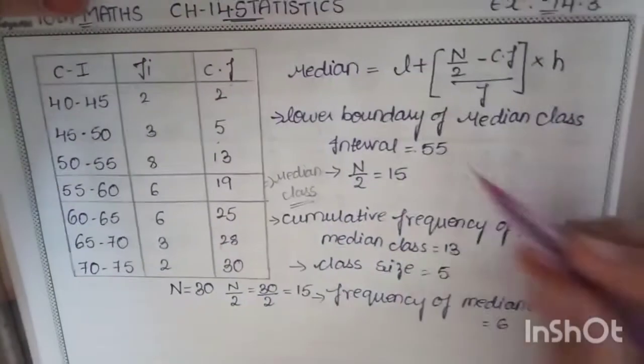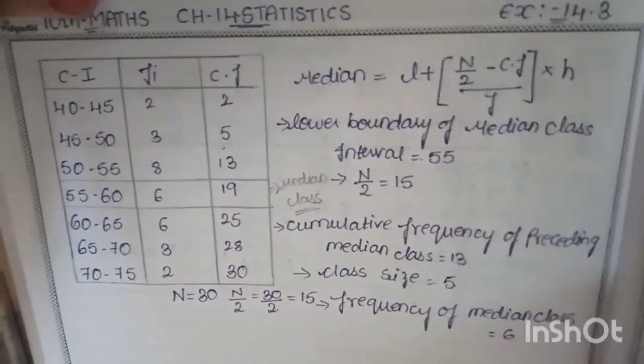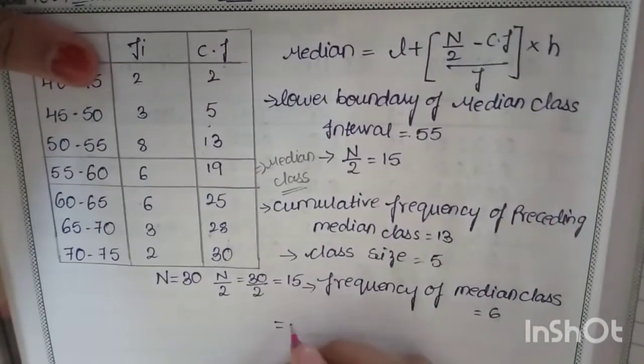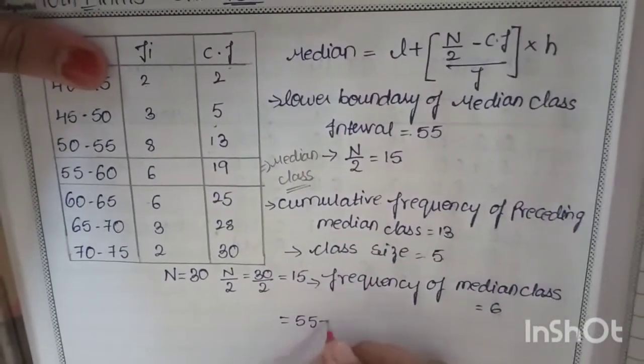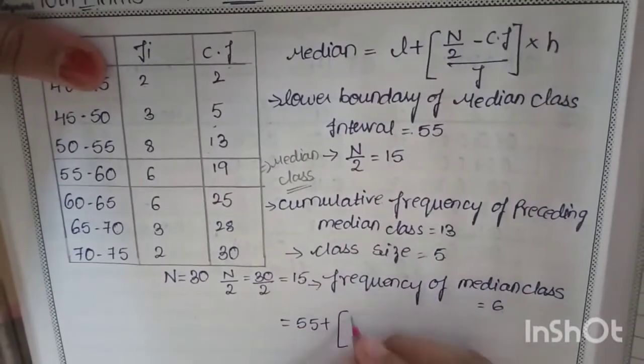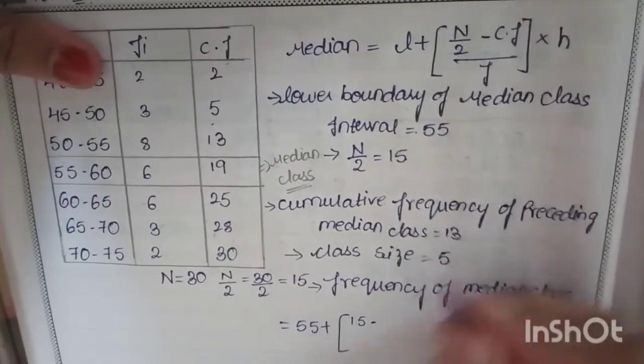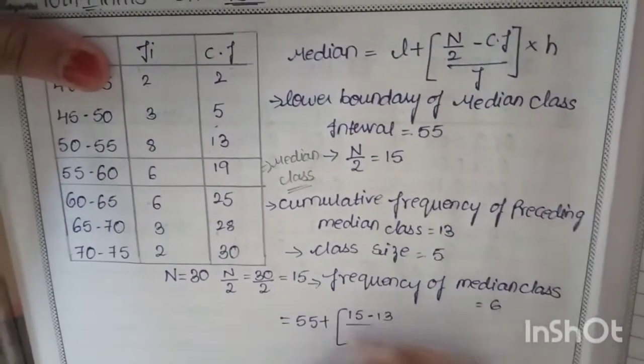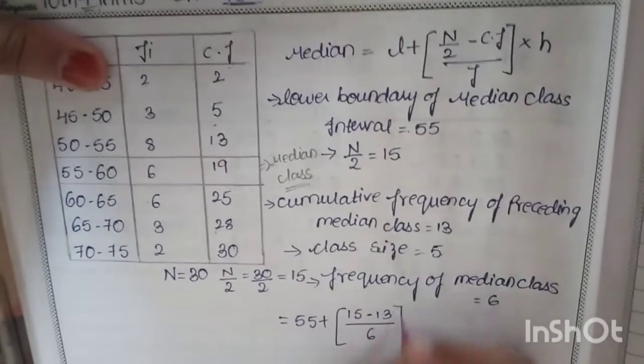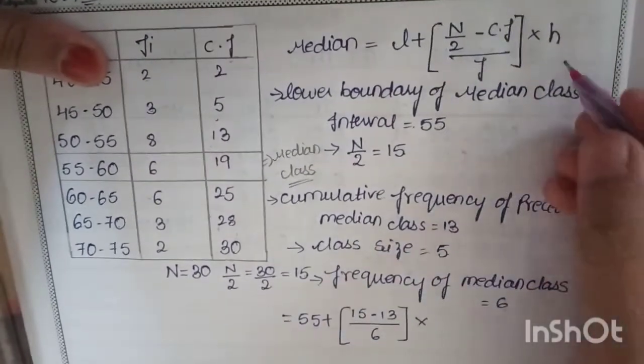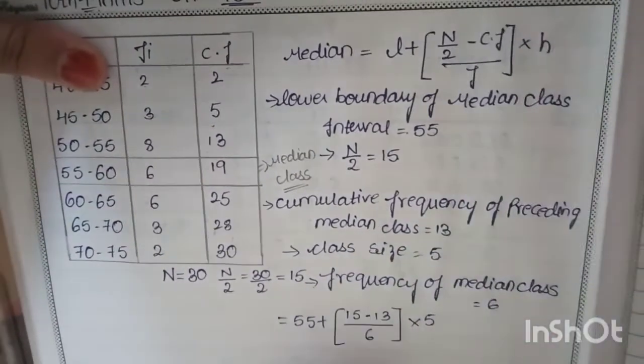Now we substitute all these values into the formula. So L we have taken 55 plus n by 2 is 15 minus CF is 13 by F is 6 into H, the class height, that is 5.